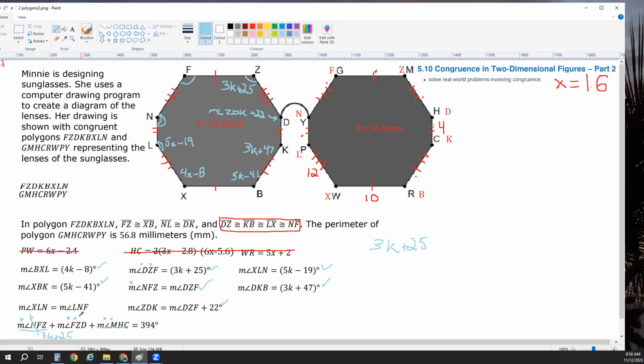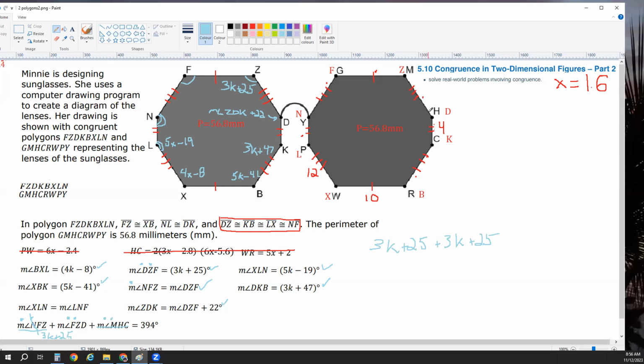Okay, then you have FZD. FZD is clearly stated as 3K plus 25. Okay, so that is 3K plus 25. And then you have MHC.